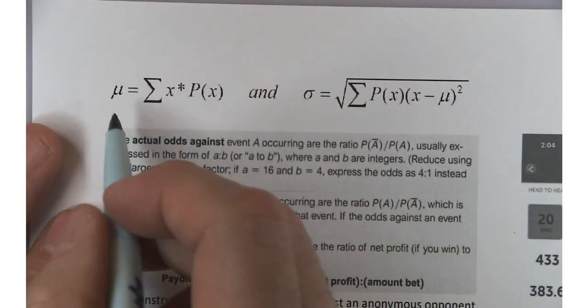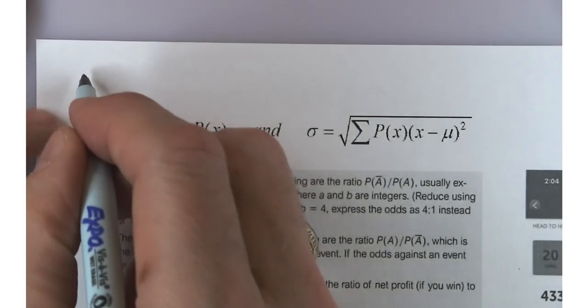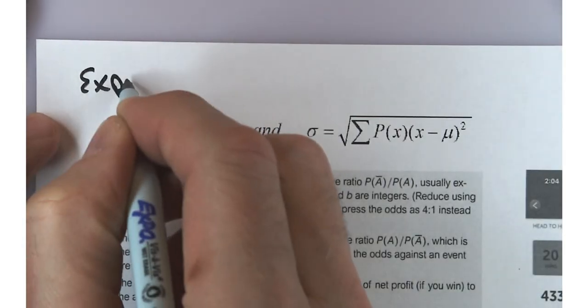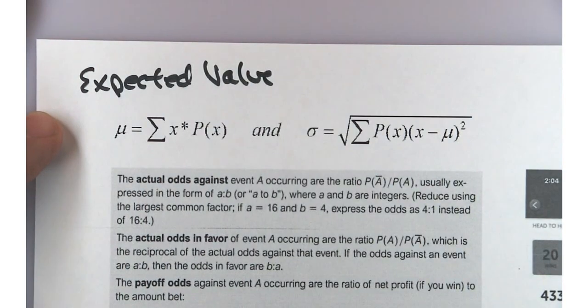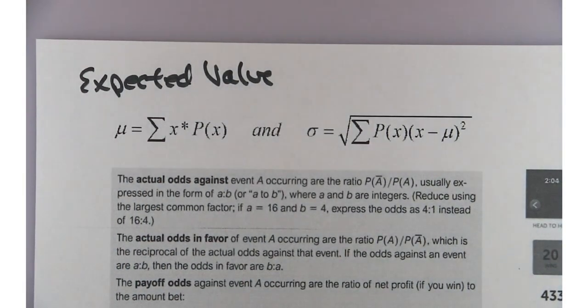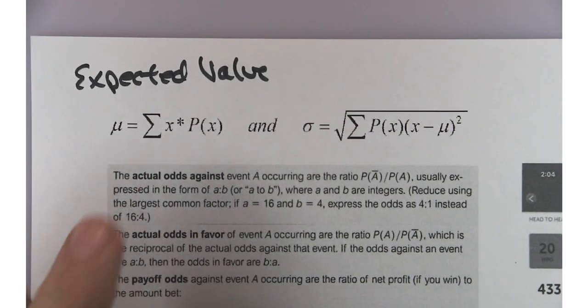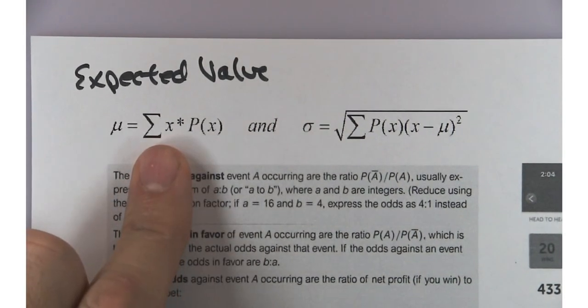We use mu, but it also goes by the term expected value. That's what you would expect if you perform some kind of experiment again and again and again. Now, if that expected value regards your probability of winning a game of chance, you want that expected value to be as big as possible.